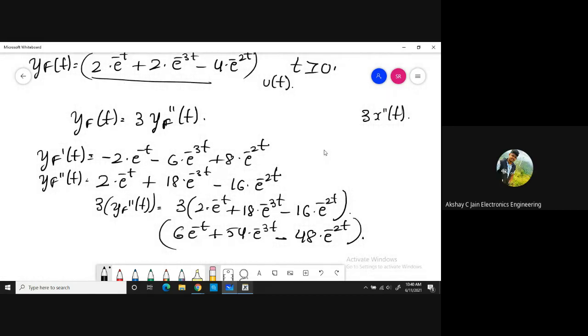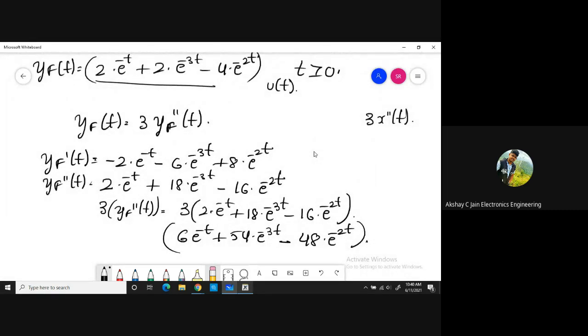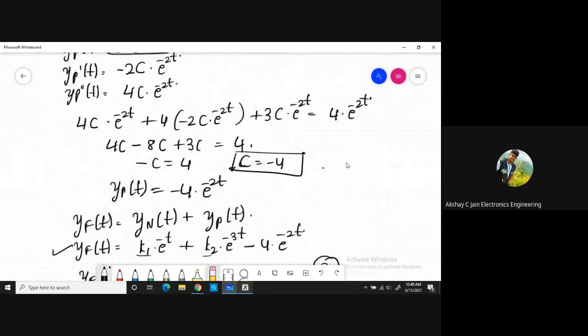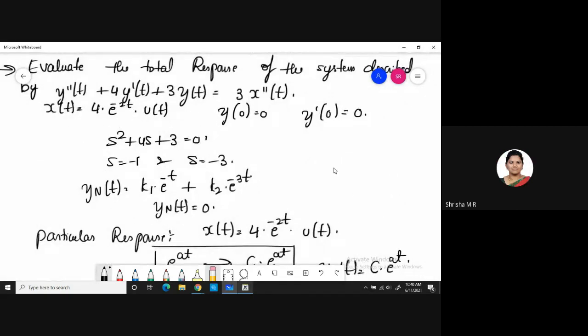Ma'am, in the previous problem for yn of t, we got some value, no, ma'am. Here both initial conditions are 0, right? In the previous problem, one was 0, one was 1. If you observe, here both initial conditions are 0, so your k1 and k2 both will be equal to 0. So natural response is 0.